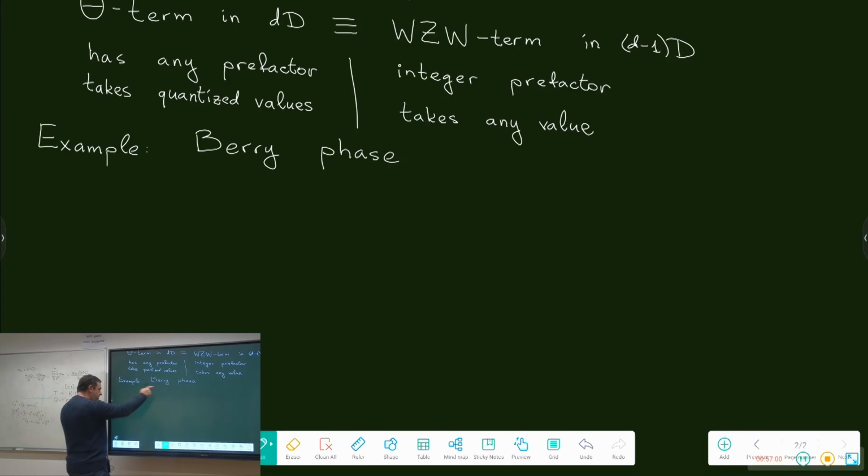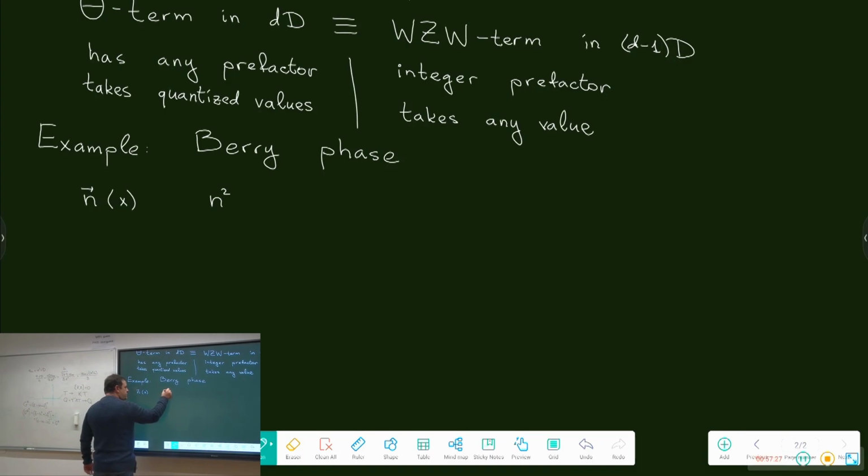Example. Imagine you have a unit vector n. N is a unit vector, n squared equals 1. It lives on the unit sphere, and it depends on one variable, say on x, or on time, doesn't matter. So n varies in time or in space.